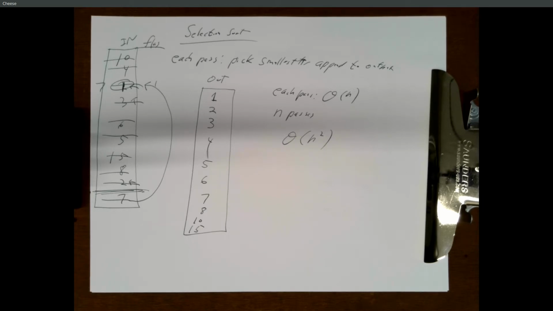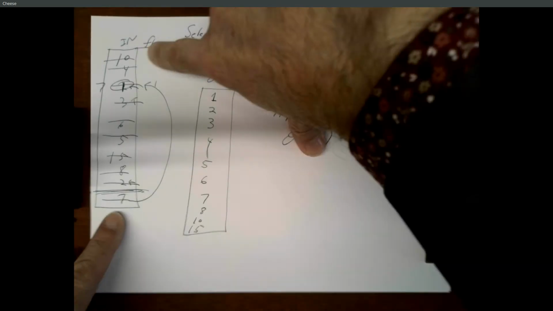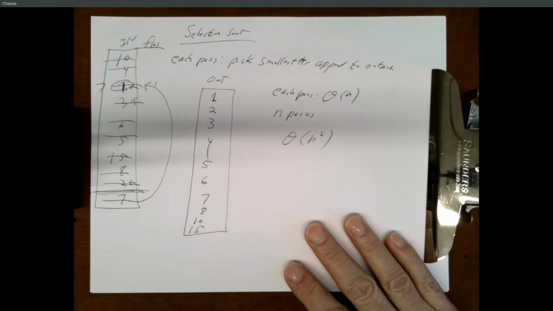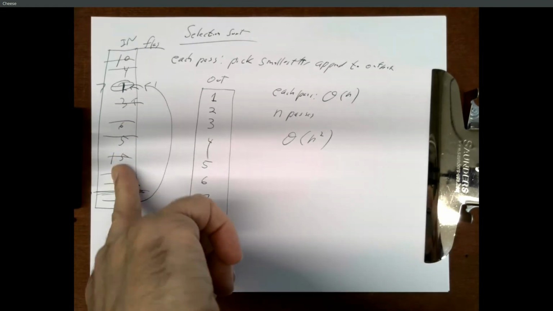But if it's just a setup cost, that may be worth it. If you had these things in a linked list, you can just delete from the list. So there's different options there. But nominal performance is going to be n squared. Okay, so that's selection. We're selecting in the correct order.